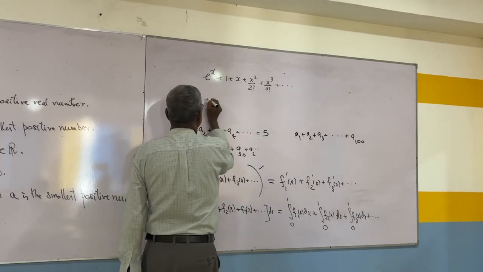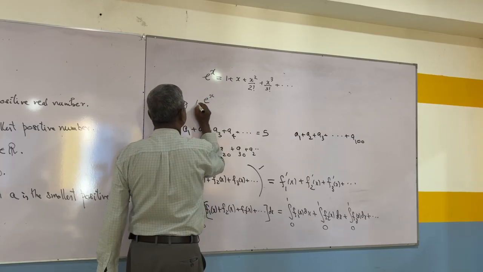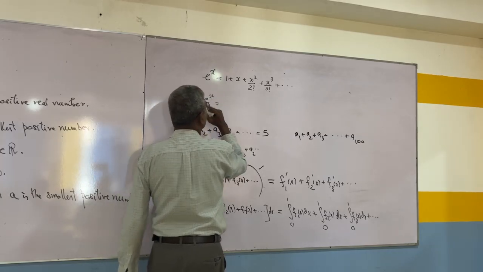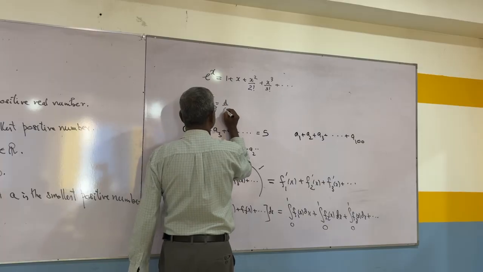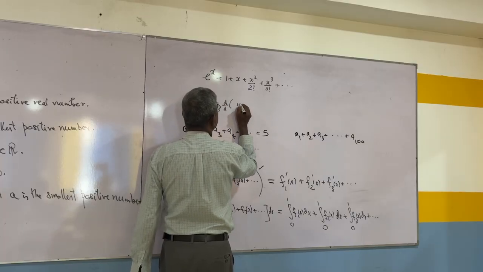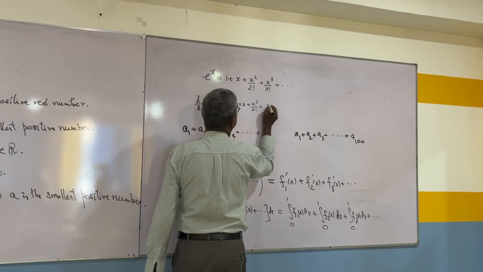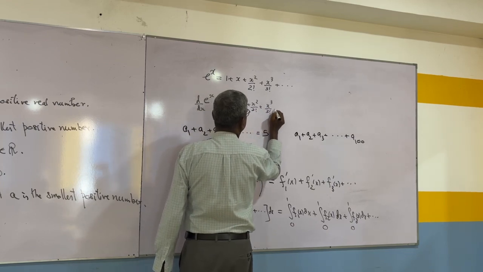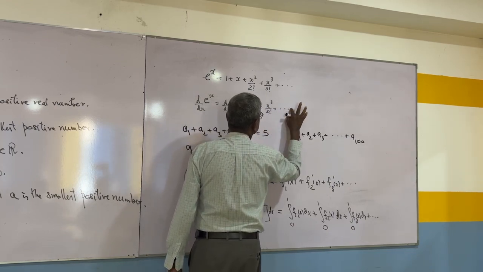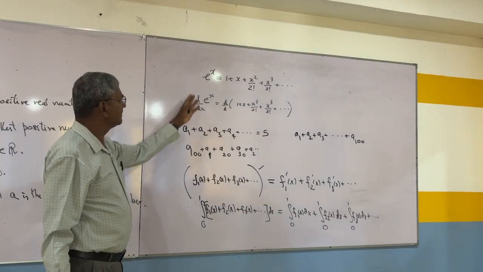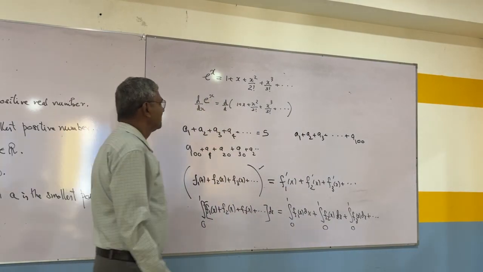Now, derivative of e to the x, d by dx, is d by dx of 1 plus x squared over factorial 2 plus x cubed over factorial 3.